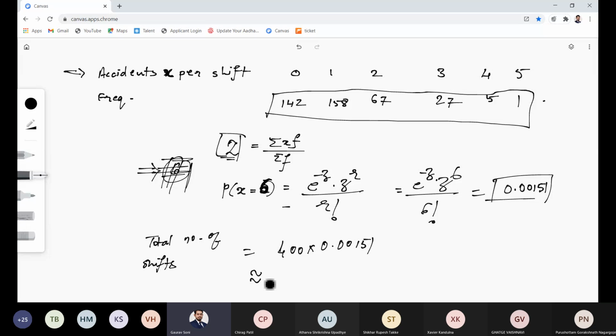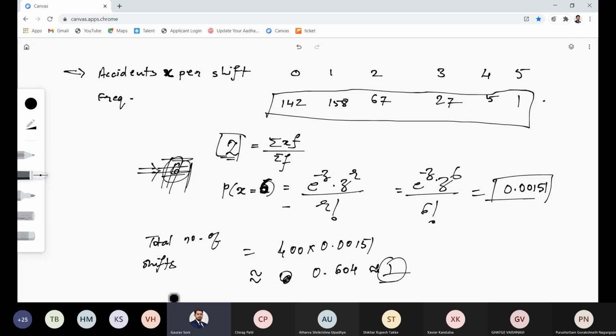So this is how probability plays a major role when you want to estimate things. That is almost 0.604, so one shift. So the answer is 0.604, which is nearly at most one shift; you may get 6, or it is not possible.